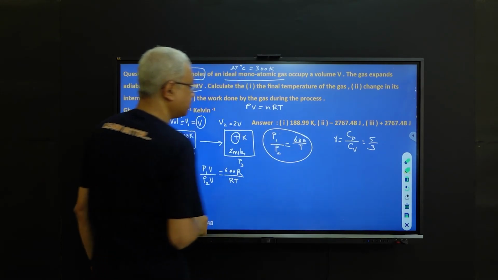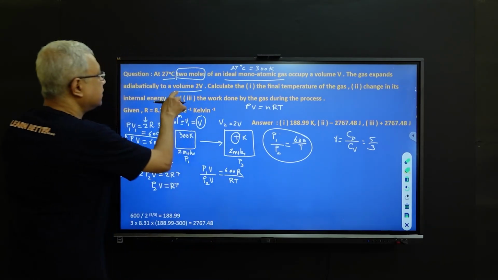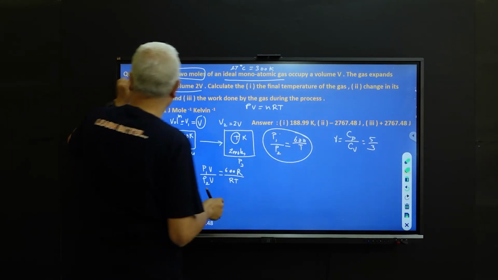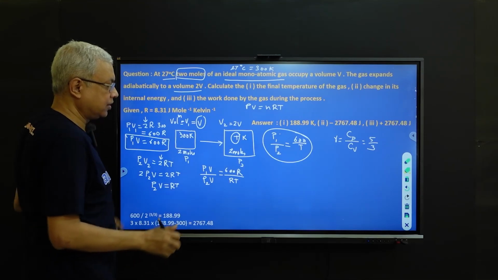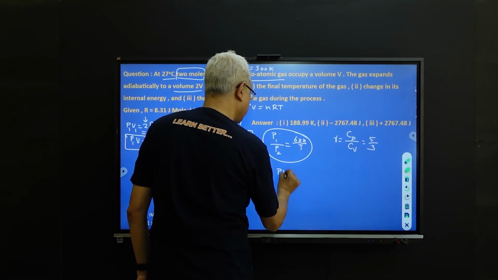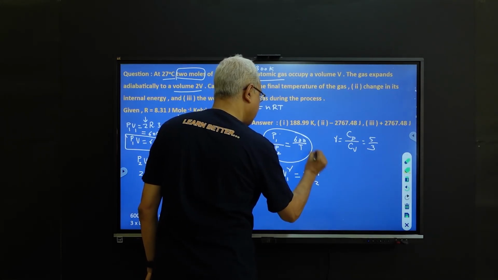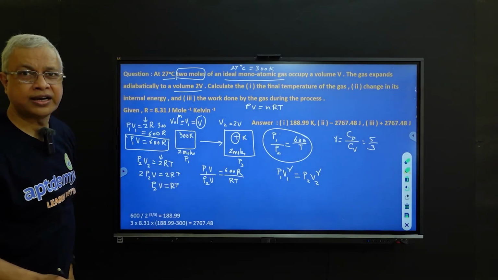This is one expression. Another is, since the gas expands adiabatically from volume V to volume 2V, I can write P1 V1 to the power gamma is equal to P2 V2 to the power gamma. This is for adiabatic expansion.